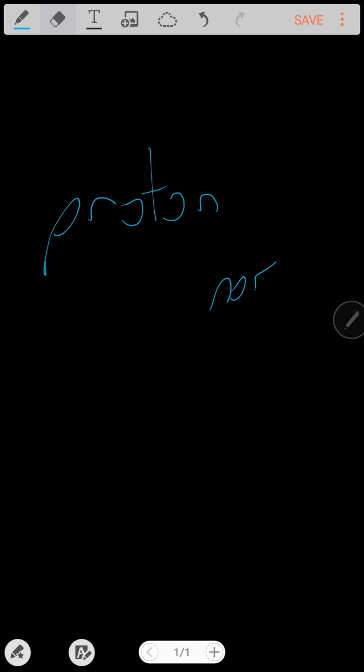Okay? And the other thing is characteristics of a base. Bases are slippery to touch. They feel like soap. It's kind of slippery. They taste bitter. They turn litmus paper blue. And the easy way to remember that is that bases are blue and acids have a D in it, acid, and those are red, and that has a D in it as well.